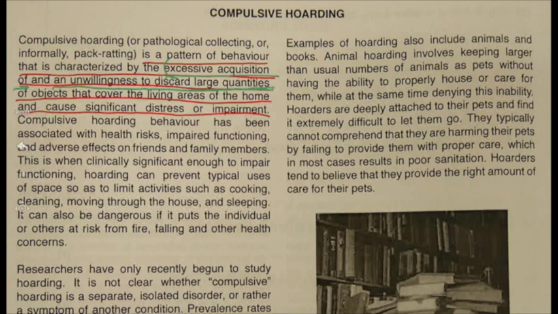Large quantities is important there, of objects. All right, it's large quantities of objects that cover the living areas of the home and cause significant distress or impairment. That could be what we call excess information. We feel that what is important is that it's an excessive acquisition of and an unwillingness to discard large quantities of objects. That should be hoarding.